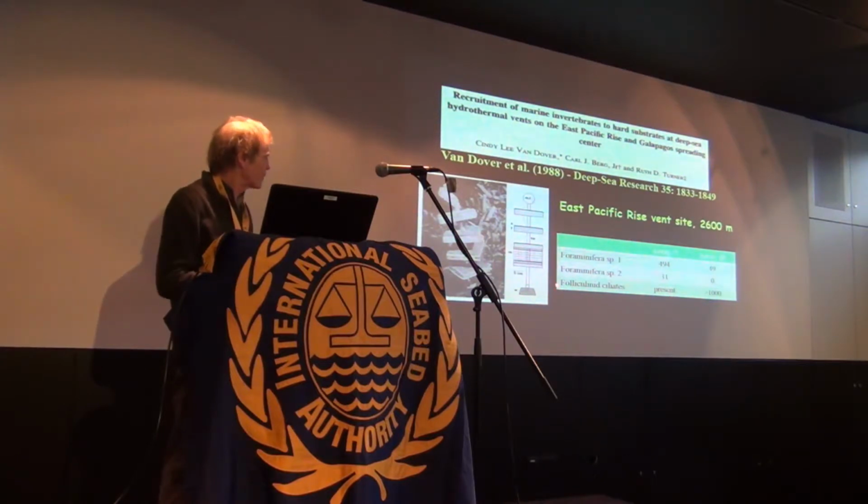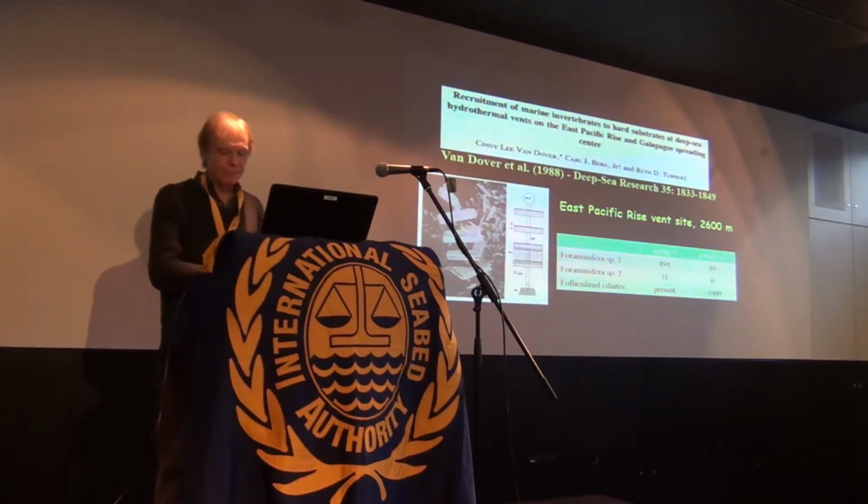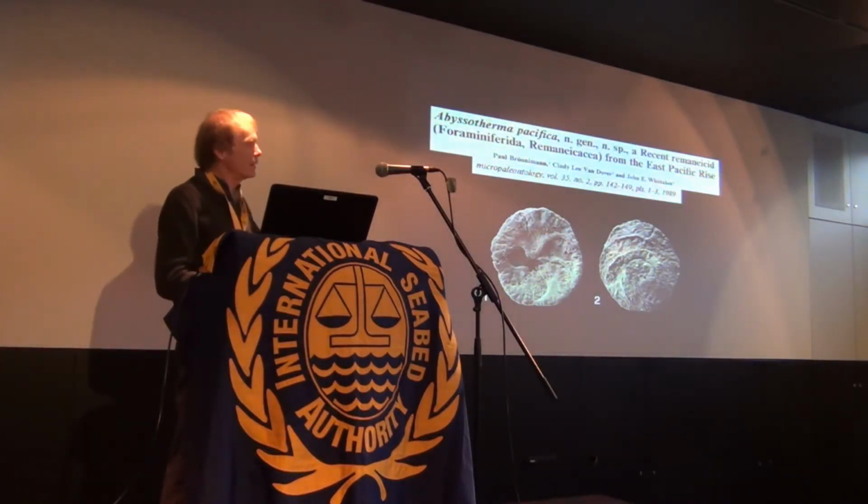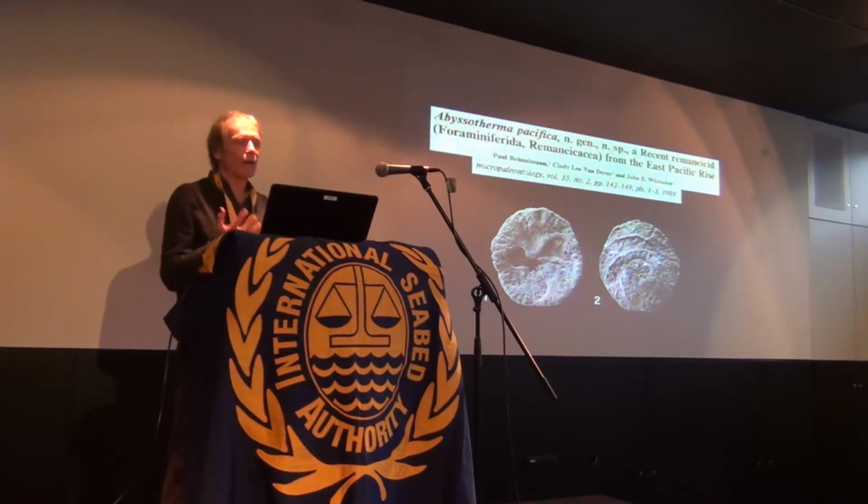There are a lot of folliculinid ciliates, which is interesting. Now this is foraminiferan species 1. It was described as Abyssotherma pacifica, and it's a multi-chambered, agglutinated trochamminid, and it's a typical attached foram. So you are likely to find attached forams in the vicinity of vents.